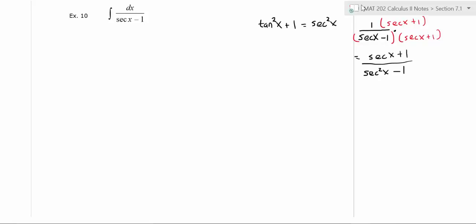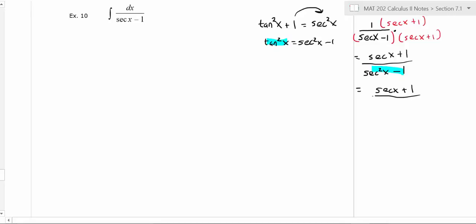So I'm going to replace this. Notice if I move the 1 to this side, I get tangent squared x equals secant squared x minus 1. So I'm going to replace this whole thing with this. That's going to leave me with secant x plus 1 over tangent squared x.